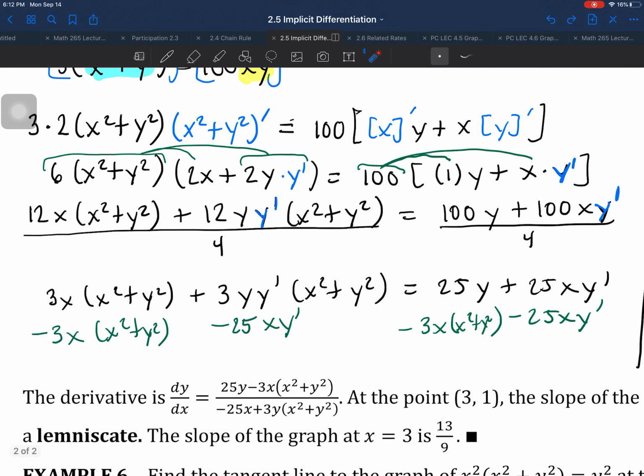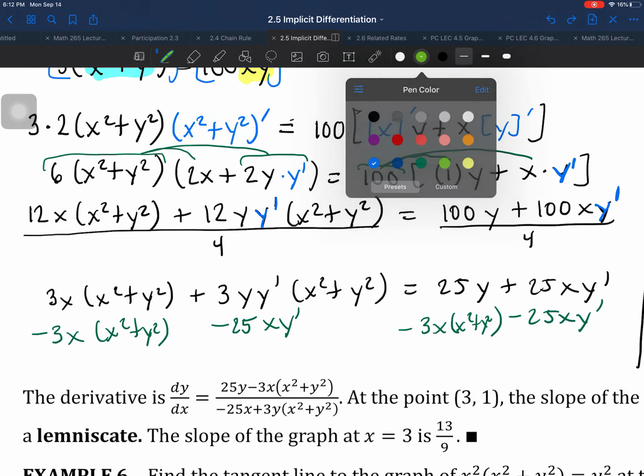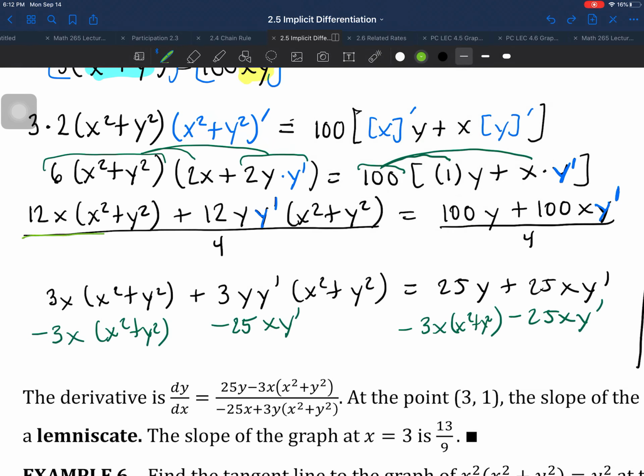Now what I notice is that my left side and my right side all have a factor of 4. So I'm dividing the left side by 4 to simplify my values. I'm also doing that on the right side. Whatever I do to one side, I do to the other side.